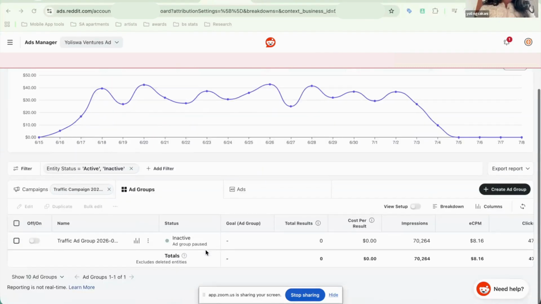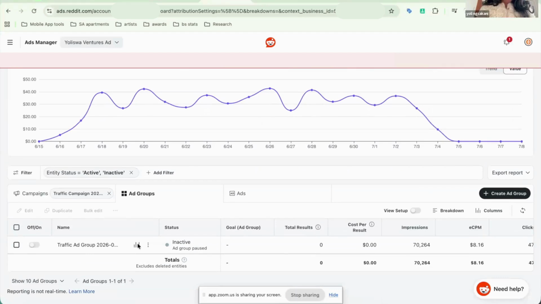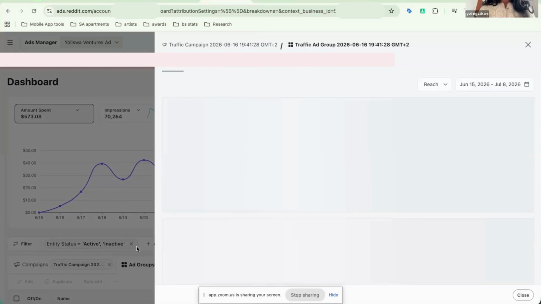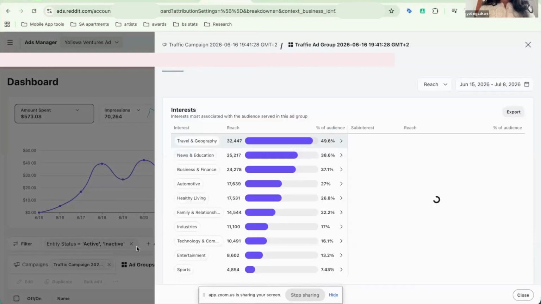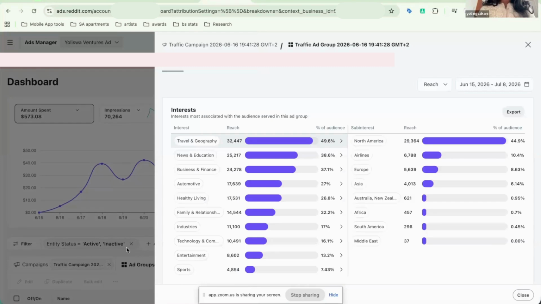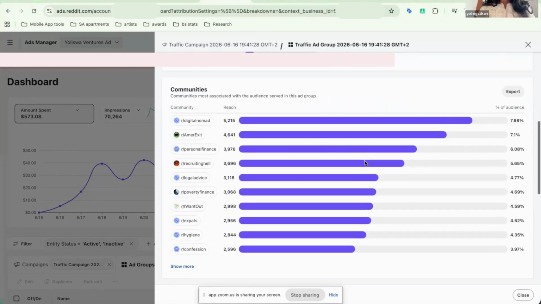And they also give you some interesting insights in terms of what channels, what communities, I should say. So, interests: travel, geography, news and education, business and finance, which is around what I would expect for my target audience. And then these are the communities that I actually had asked Reddit to target.